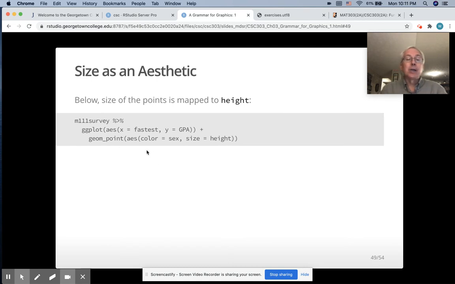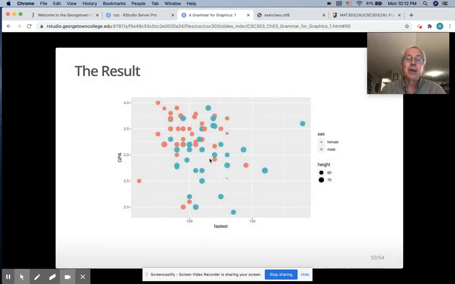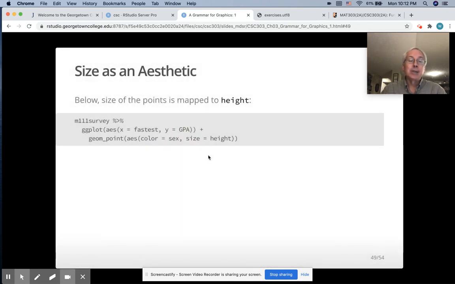We've seen this graphic already, where different colors were assigned to the different responses for sex, and we had different sized points depending on what the height response was. We're looking at fastest versus GPA out of the M111 survey data set. So we've already seen this. And in both cases, we had things mapped under an aesthetic to the points.